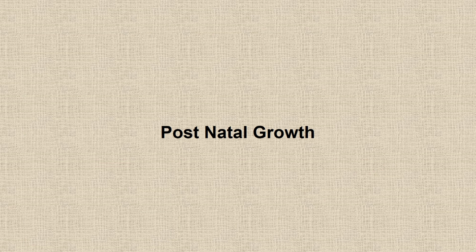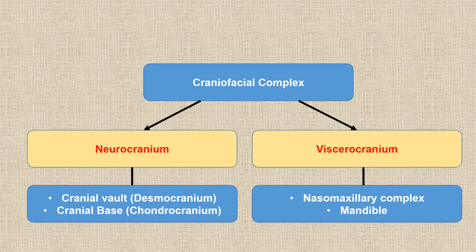Now, let's have a look at postnatal growth. Now, the craniofacial complex is divided into Neurocranium and Viscerocranium. The Neurocranium consists of the cranial vault or Desmocranium and the cranial base, also known as the Chondrocranium.